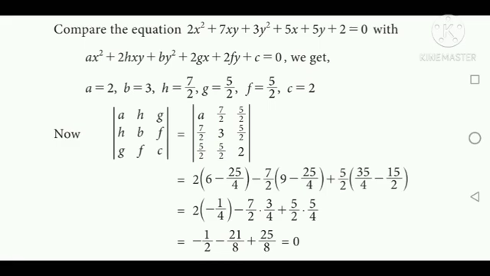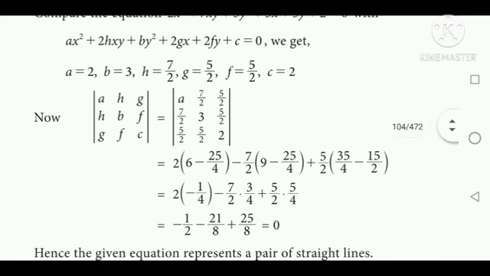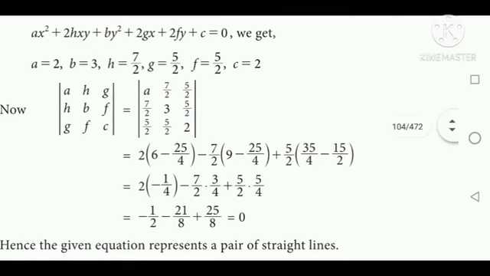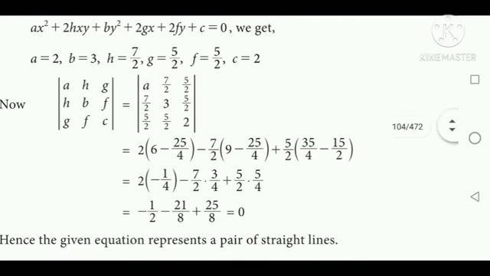So you have to write like this: h g, okay, h f and g f. So h h is the diagonal for the second order minor, likewise f f. So this is the form in which you write the values. If you apply all those things in the matrix form, this is equal to 0. So instead of a, write that 2.